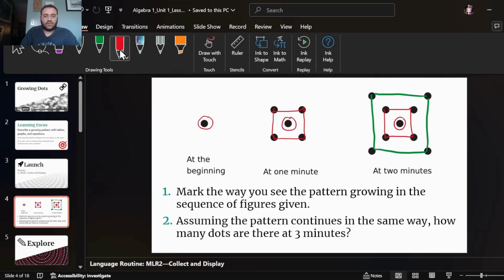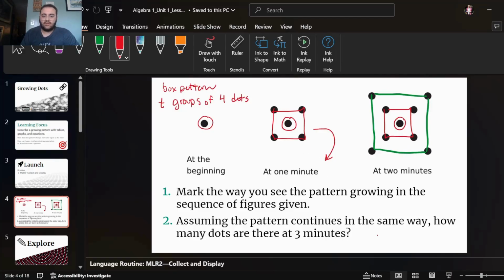And we ask ourselves, what is the relationship between the pattern and the number of minutes? Well, it turns out this box pattern always has T groups of 4 dots. So at the beginning, there's only 1 dot, but at minute 1, there's 1 group of 4 dots. At minute 2, there's 2 groups of 4 dots, and so on and so forth.